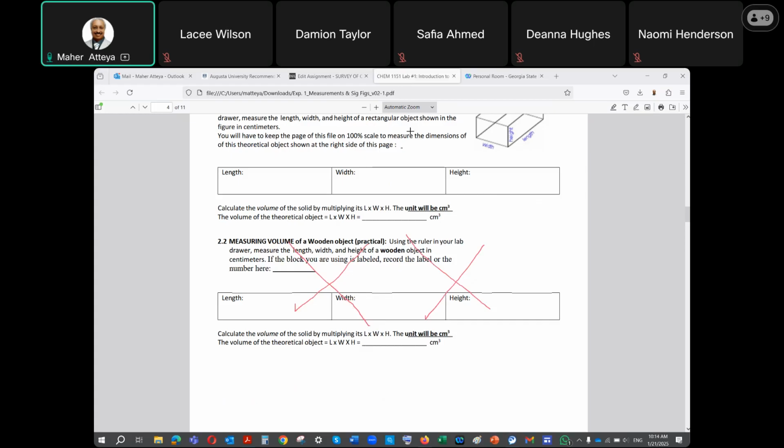The second one, the object here, you don't have. We have it in the lab, okay, guys. So measuring a wood object to get its volume, now we'll just do the theoretical one.